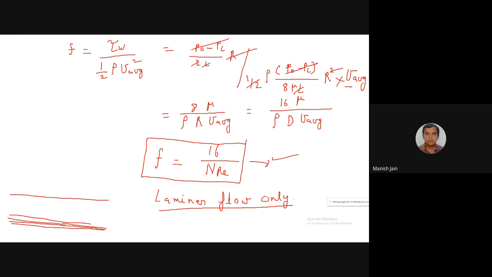Other layers will feel the effect of the layer directly in contact, just the adjacent layer. So the second layer will feel the effect of the first fluid layer. The third layer will feel the effect of the second fluid layer, but the solid surface will only affect the first layer.